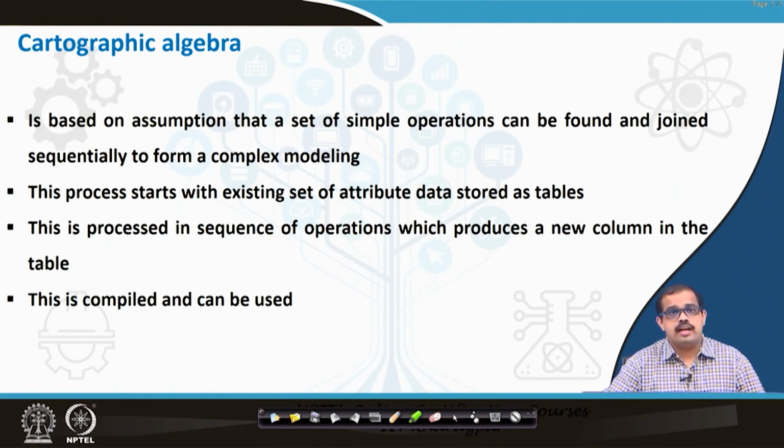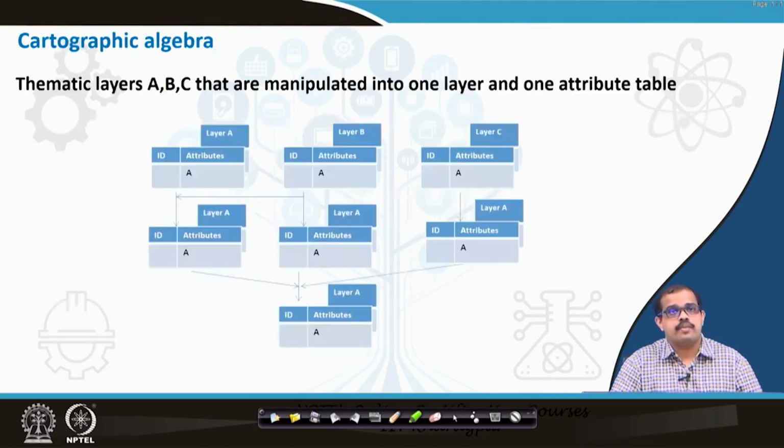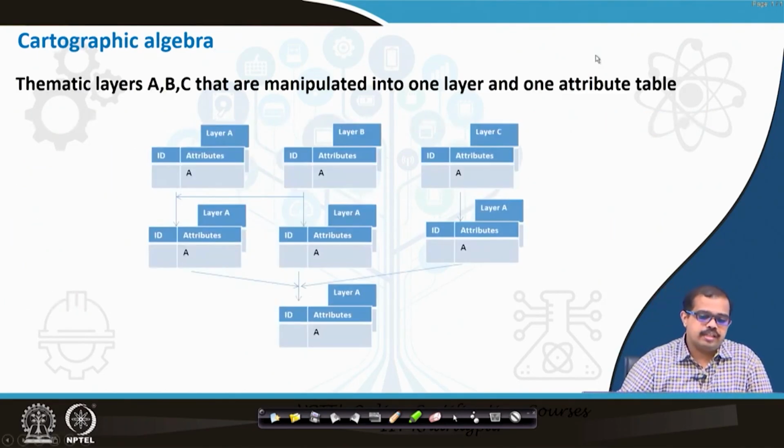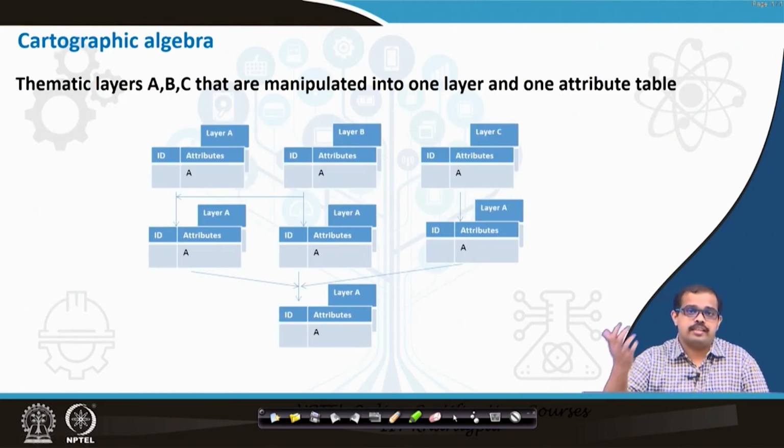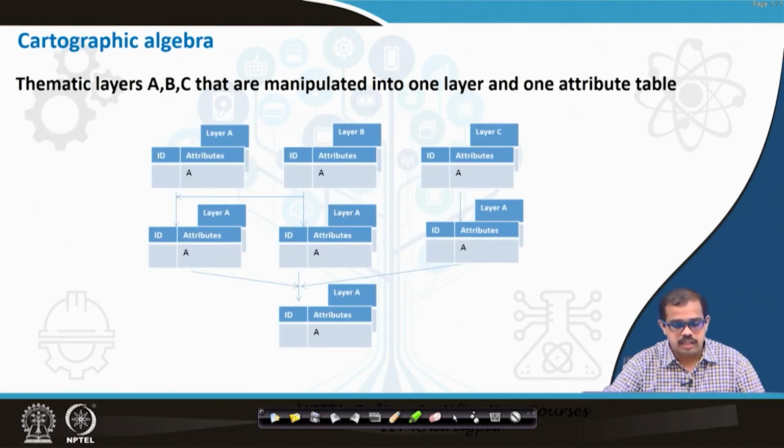The process starts with an existing set of attribute data stored in tables. These are processed in a sequence of operations which produces a new column in the table. Finally, these are compiled and can be used for various analyses. This is an example of thematic layers A, B and C that are manipulated into a single layer and one attribute table at the end to perform as a model.